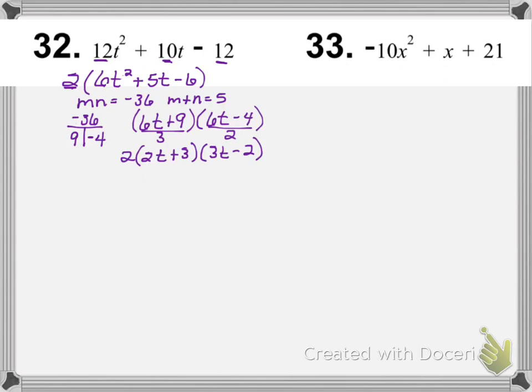Let's see. I'm just interested in the middle, what I've factored. 2t times 3t is 6t squared. 3 times negative 2 is negative 6. This is 9t. This is negative 4t, so it's plus 5t. So it works. That's just checking it. It's always good to check.